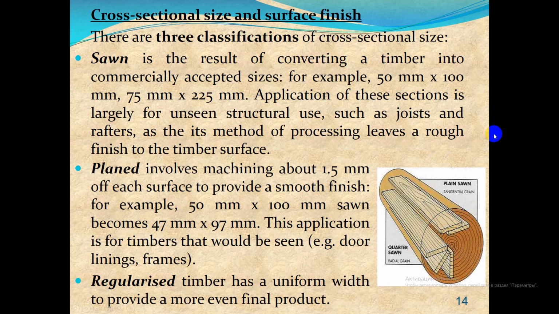For example, 50 mm by 100 mm, 75 mm by 225 mm. Application of these sections is largely for unseen structural use, such as joists and rafters, as its method of processing leaves a rough finish to the timber surface.